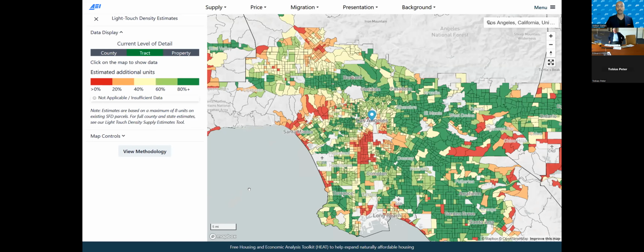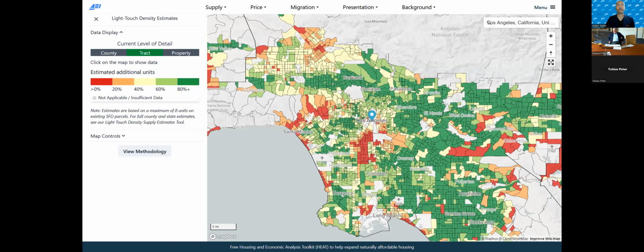Well, before Arthur picks it up, we've done a number of case studies. Tobias mentioned Seattle. We've looked pretty deeply in Houston. We've looked deeply in Palisades Park, New Jersey, in Philadelphia, in Charlotte. And we find that the ability to take advantage of light touch density is broadly available.